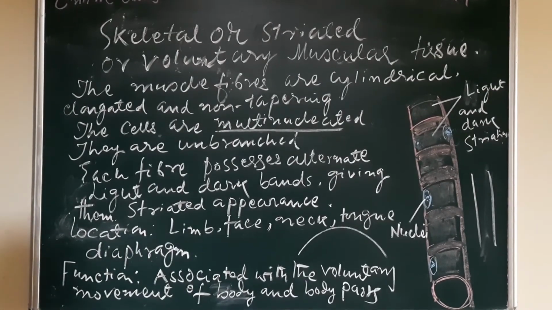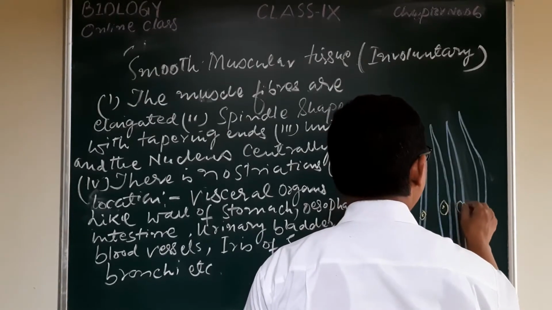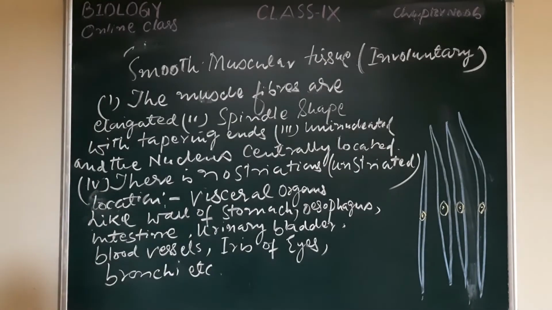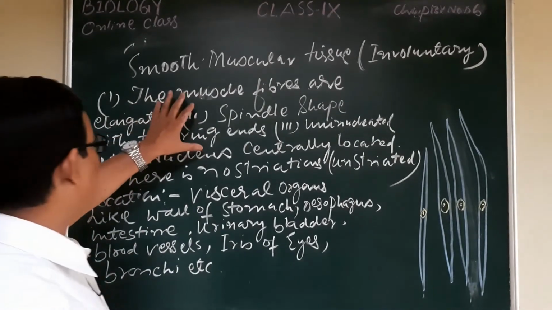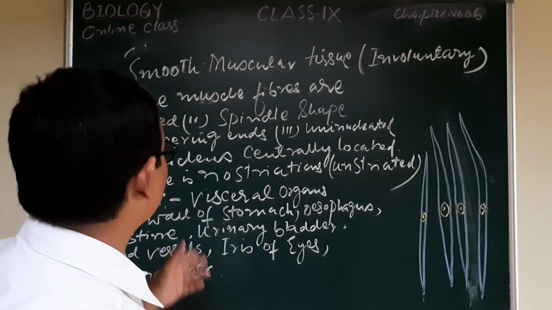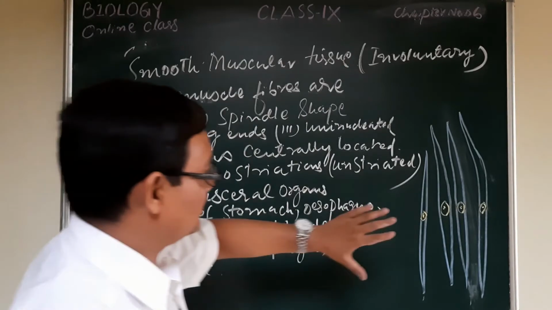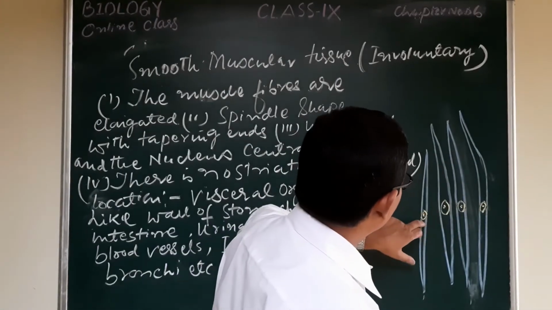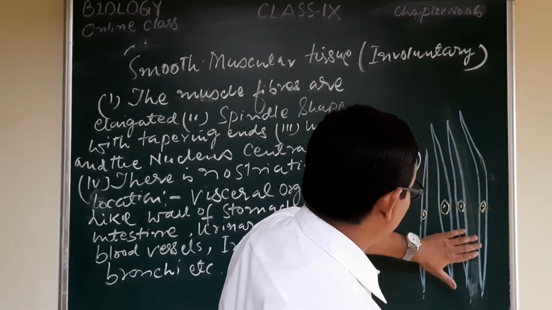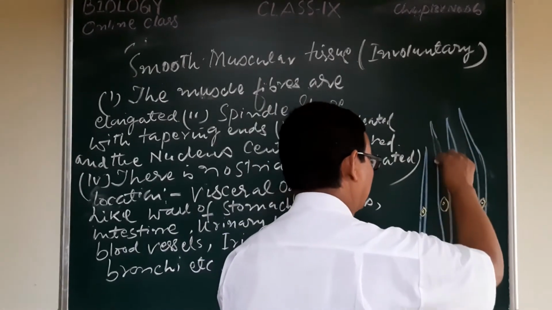Now the second important type. Here is the structure and location of the smooth muscular tissue, where there is no light and dark band. The cells are uninucleated and there are no striations. That is why it is known as smooth.